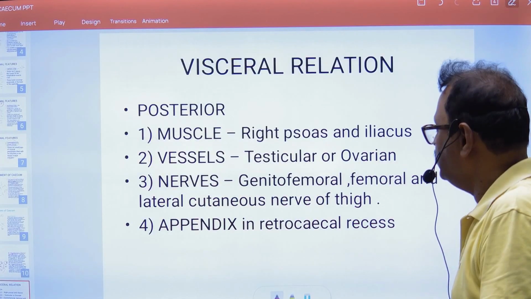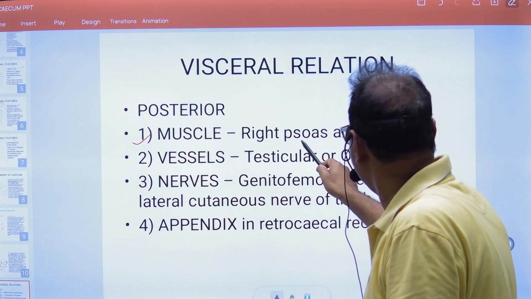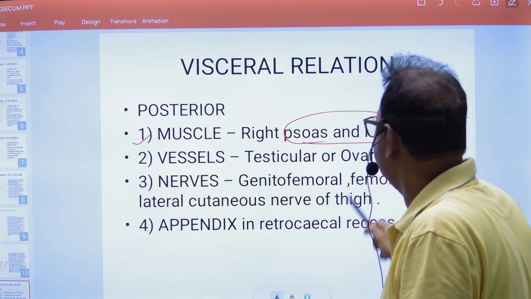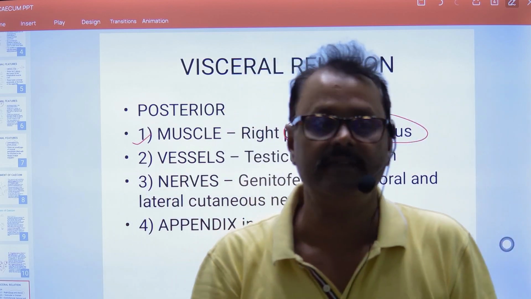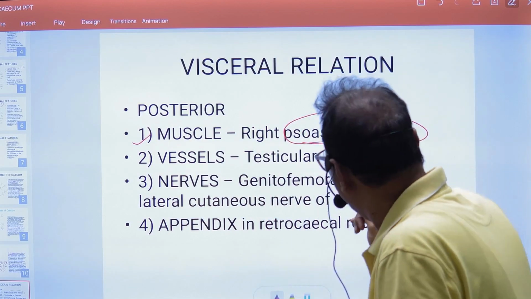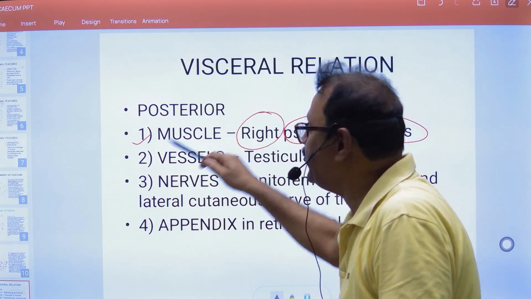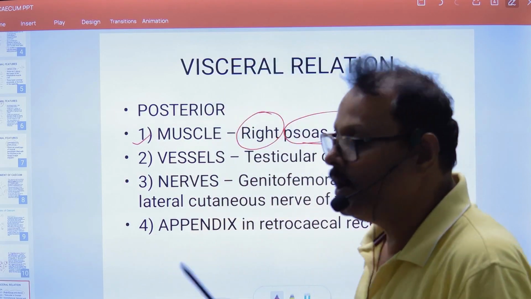Now, visceral relations, which are very important. The cecum is situated above the psoas and the iliacus, so definitely the iliopsoas will be posterior. What is important is that we have to write right, because the cecum is normally situated on the right side.